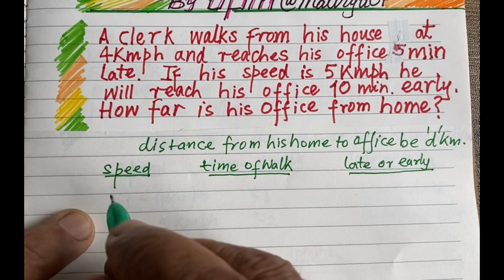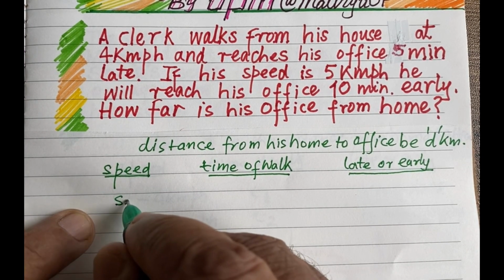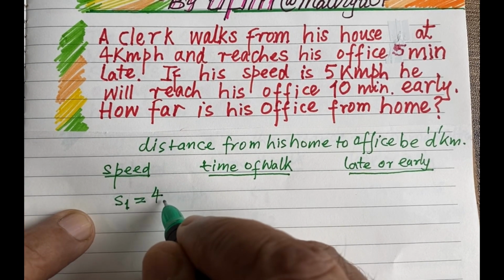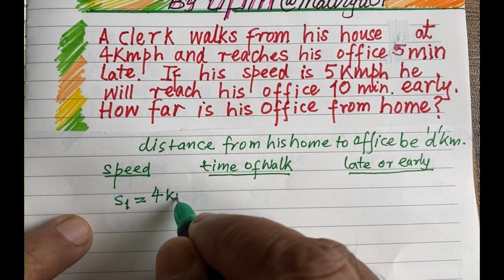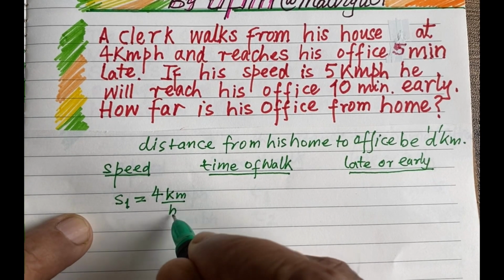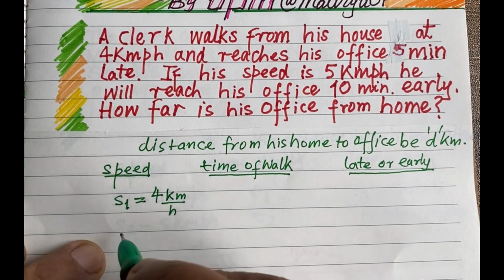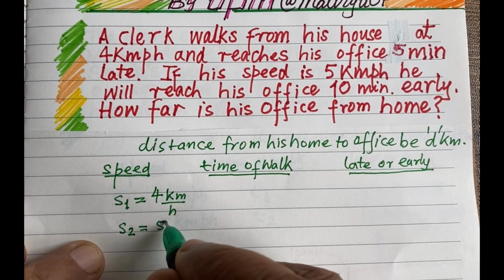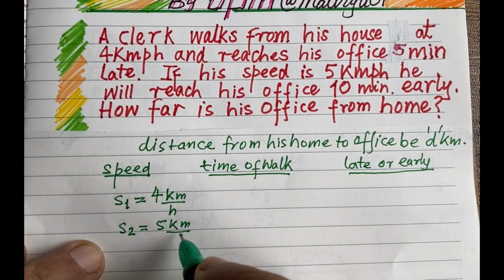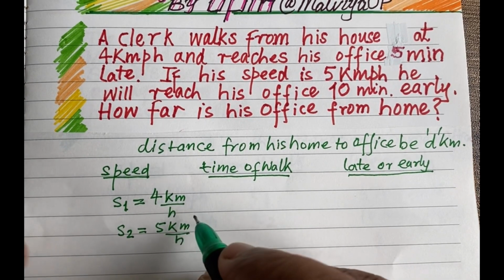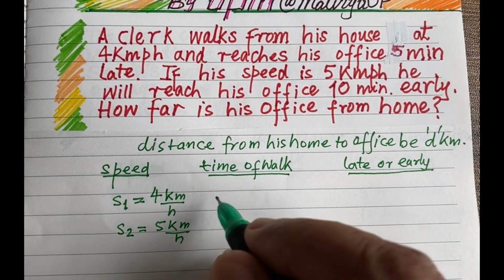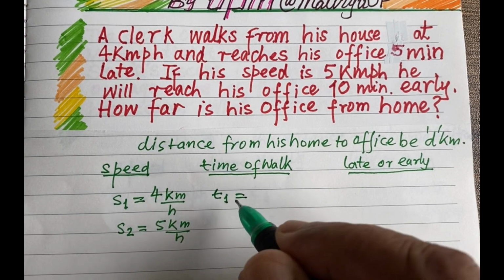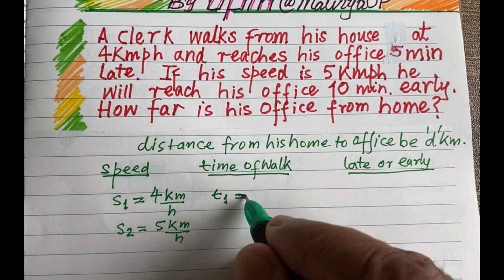So with speed s1 equals 4, I am taking all units in kilometers per hour, and s2, that is speed 2, is 5 km per hour. With the speed of 4 km per hour, the time taken would be t1, which is distance upon speed.